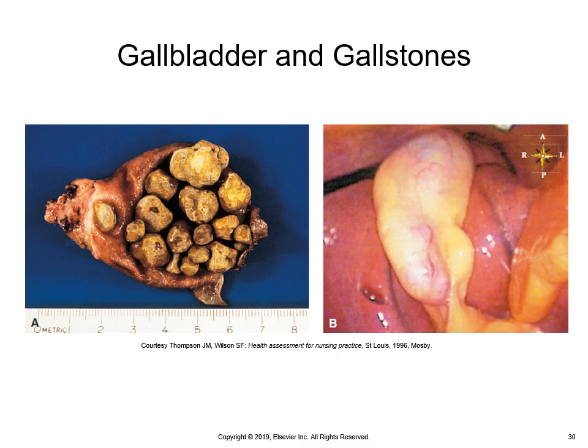When we have multiple stones, typically they're going to be of varying size, and this indicates that we have chronic gallstone formation, which can lead to inflammation, so cholecystitis, and also these gallstones can lead to pain and, of course, blockage.